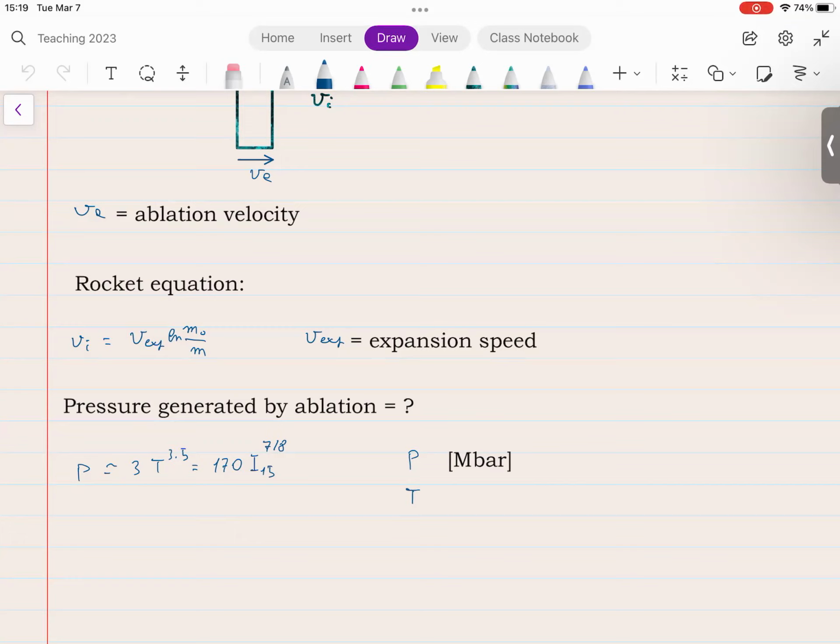T is going to be in units of, sorry, I didn't invent this, hundreds of electron volts.